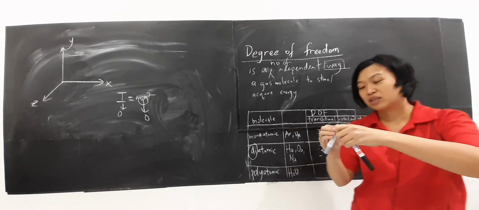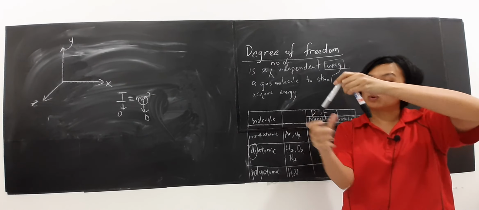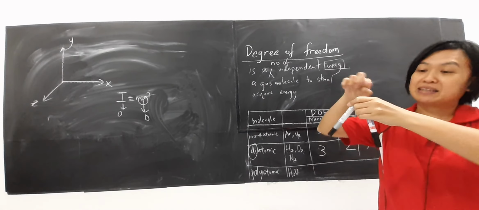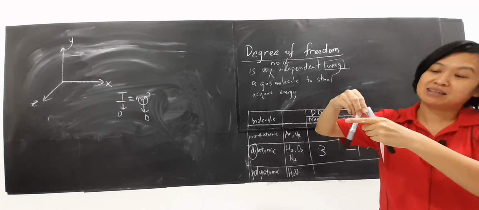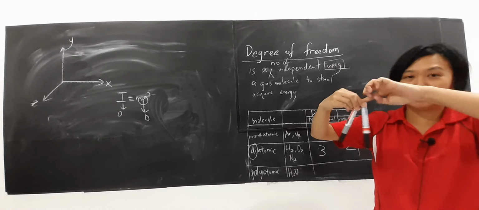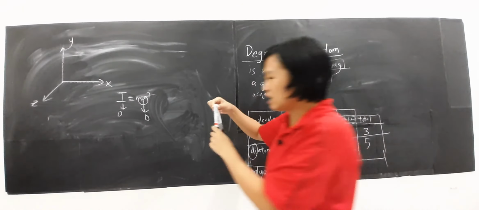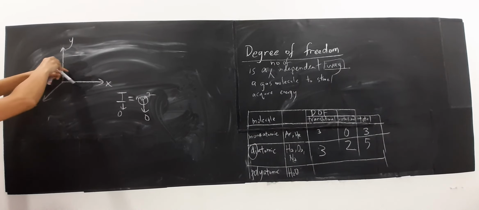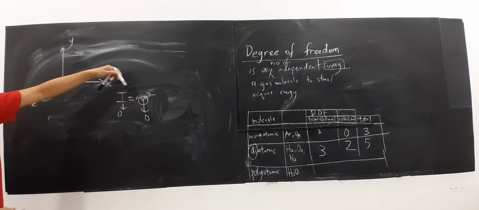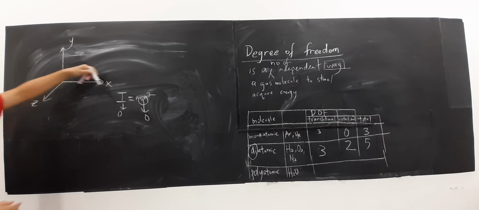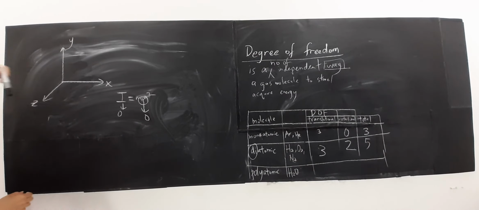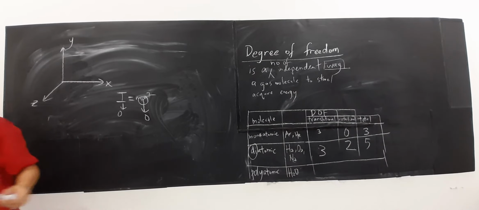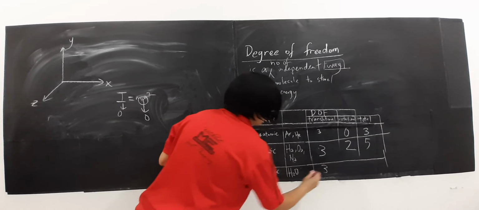Polyatomic usually for water, for example, dua atom di bawah sini adalah hydrogen. Dan atom yang terletak di bahagian ni oksigen. Okay, jadi kalau dia adalah polyatomic molecule, untuk translational motion memang dia boleh bergerak pada paksi X, paksi Y, and paksi Z like that. So that's why in the table, you can find here 3.